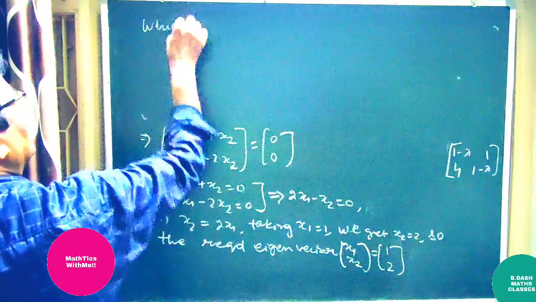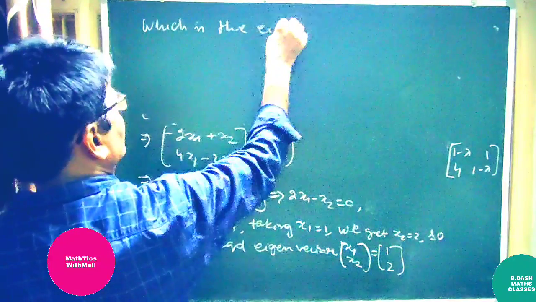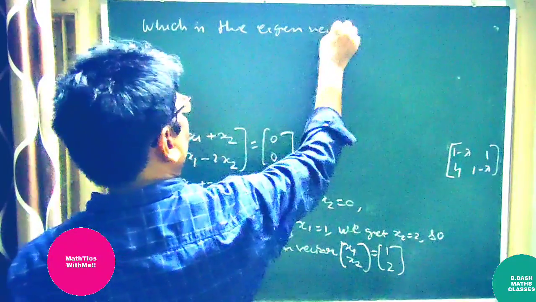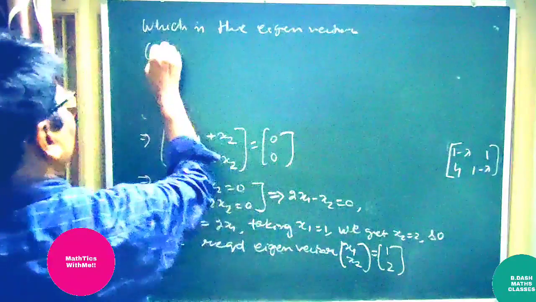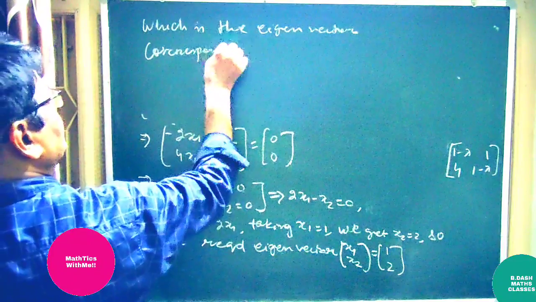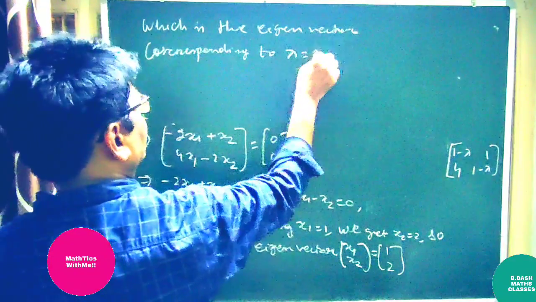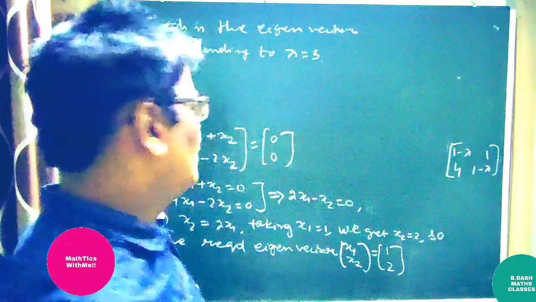So the required eigenvector is the vector corresponding to lambda is equal to 3.